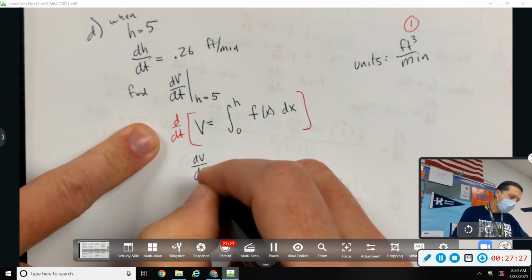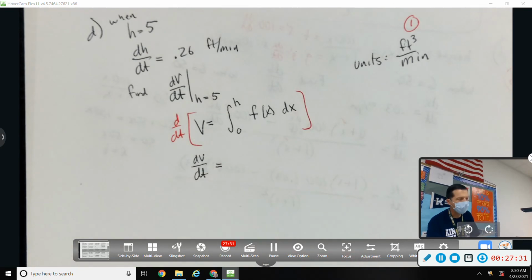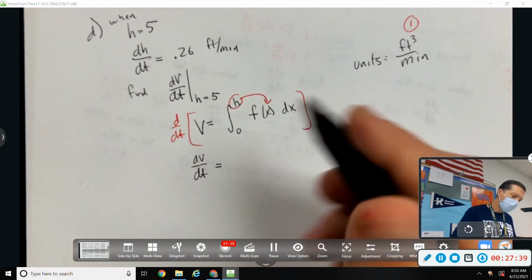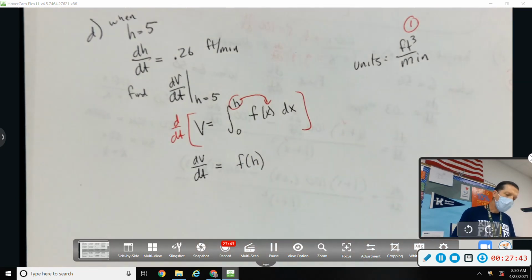So dV dt equals, what about on the right hand side? What's the derivative of an integral? Well, be careful. F of h, because remember we plug in the top thing. That's not quite it yet. That's close.